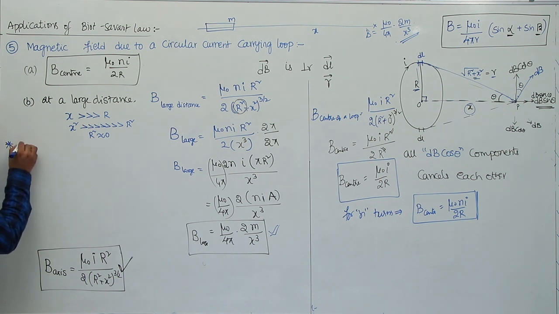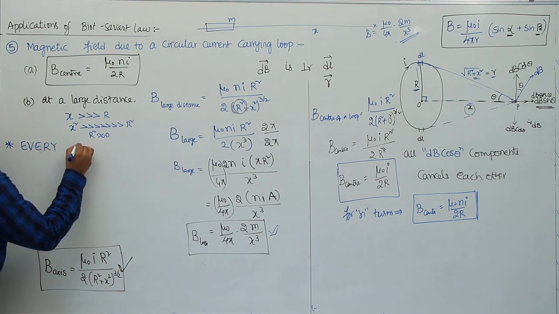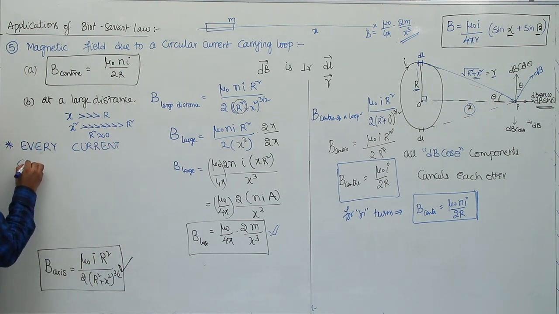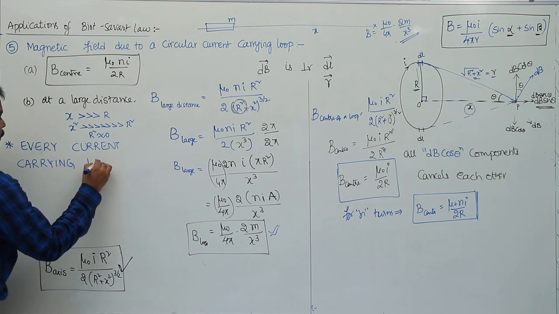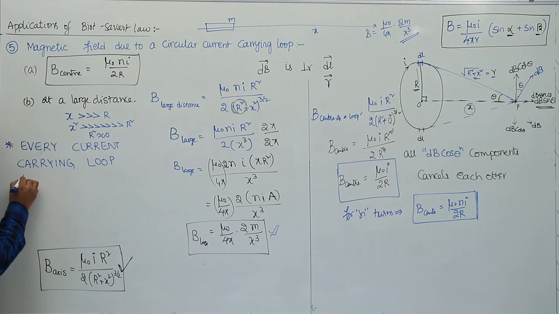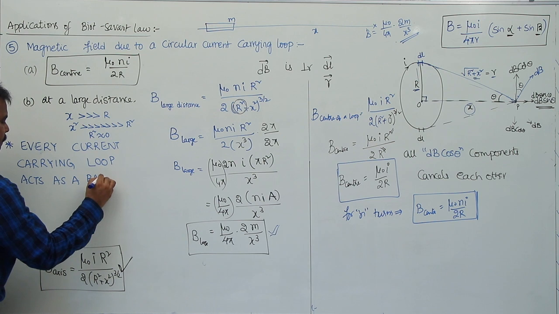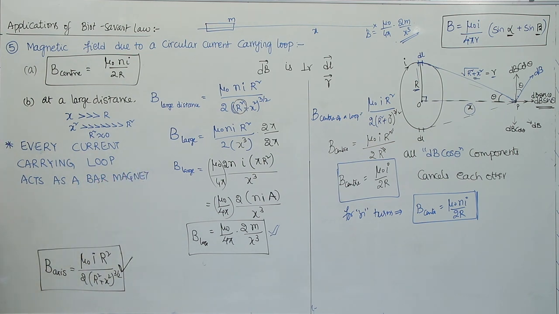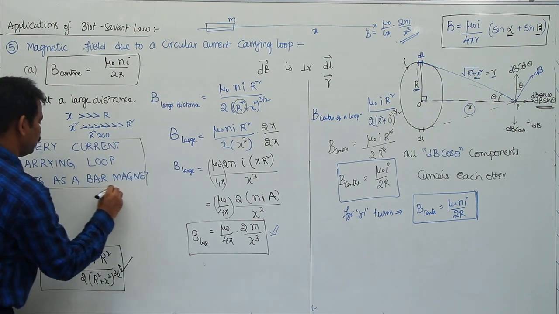So the conclusion is every current carrying loop acts as a bar magnet.